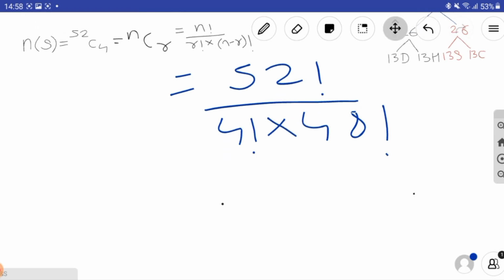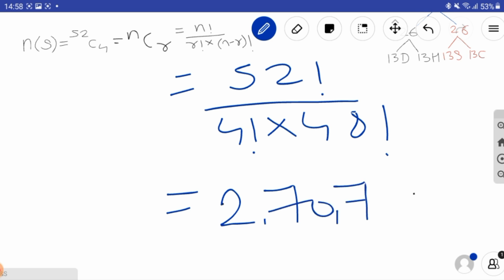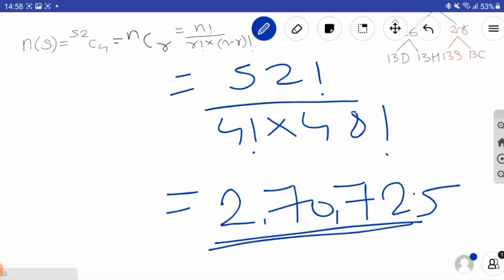It comes out to be equal to 2,70,725. So this is our n of S.